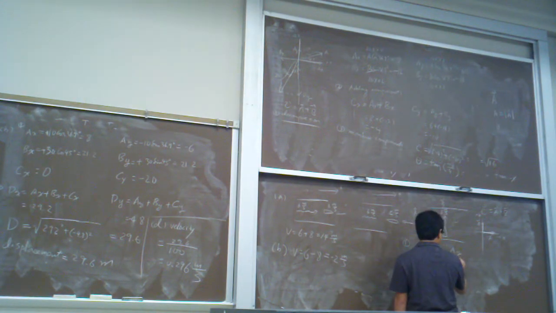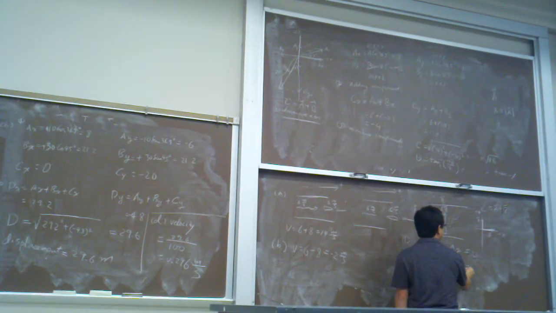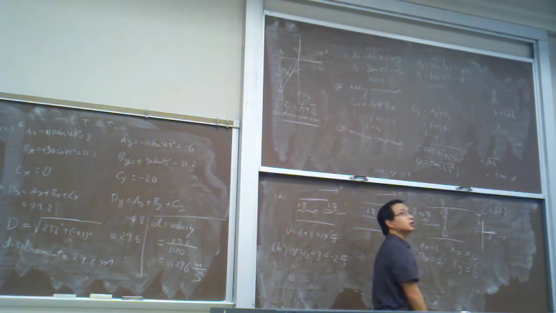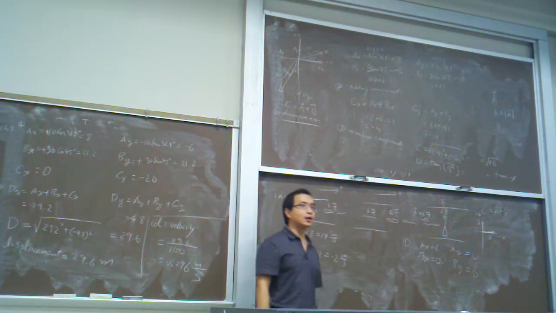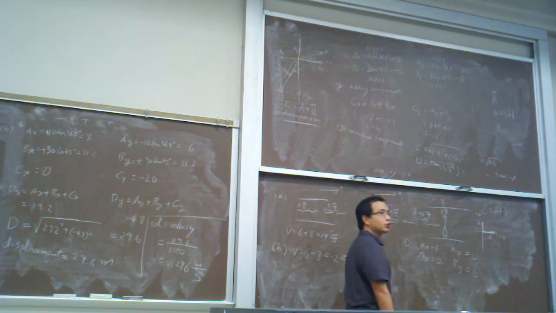What is Ax? What is Ay? 0. What is Bx? 0. What is By? 6. Because both vectors are along the axes, you don't even have to do any calculation to get the components.